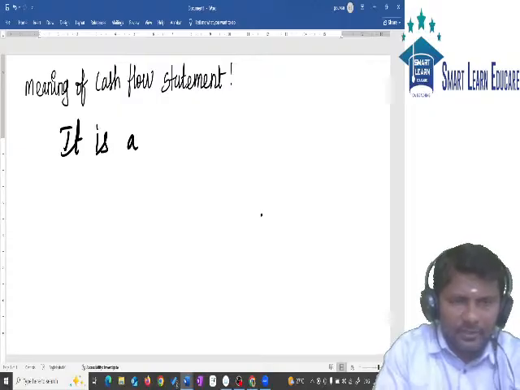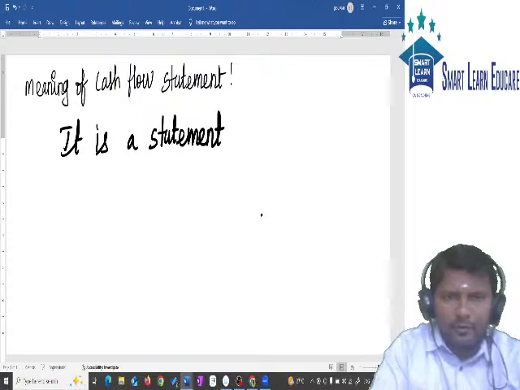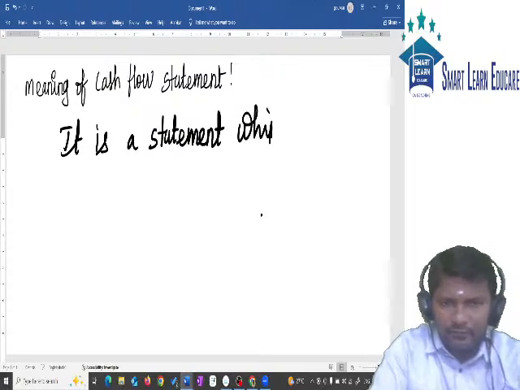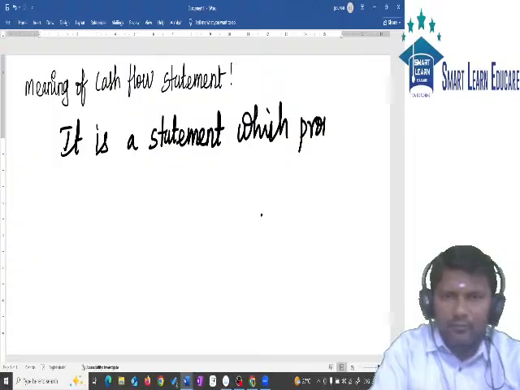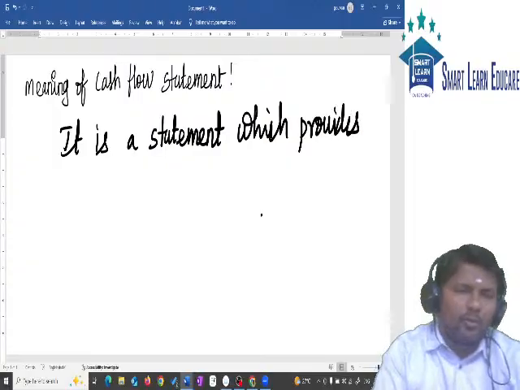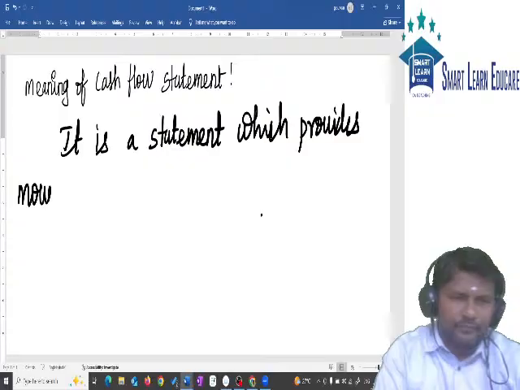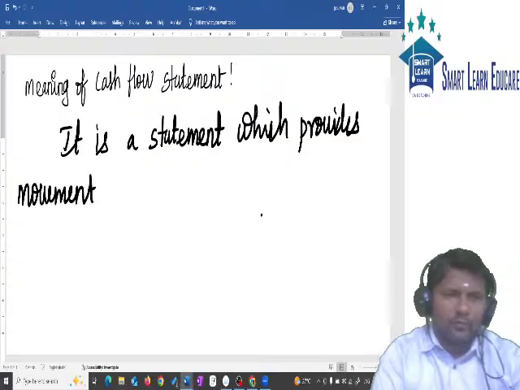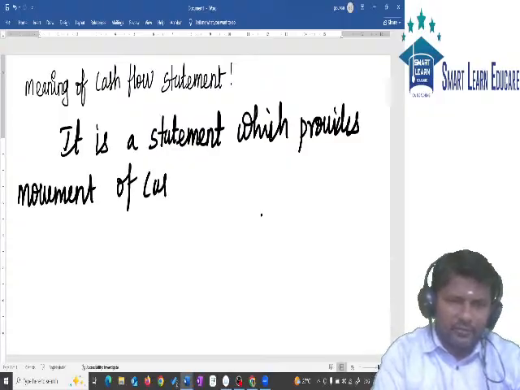It is a statement which provides movement of cash, of cash flow.